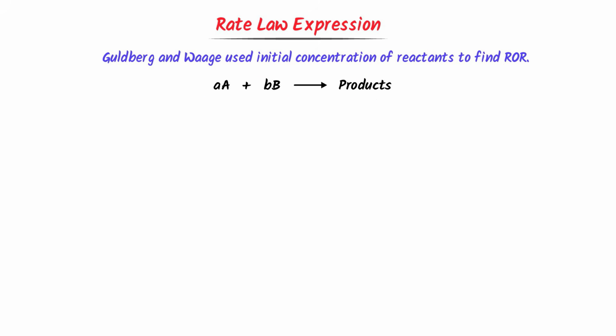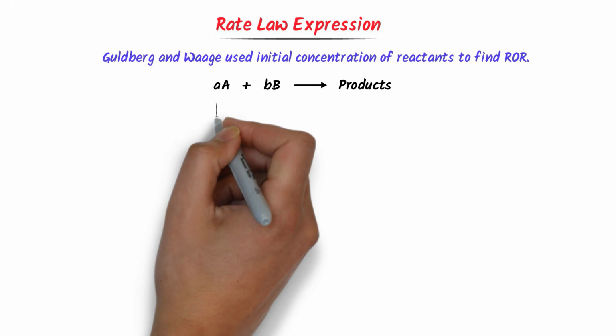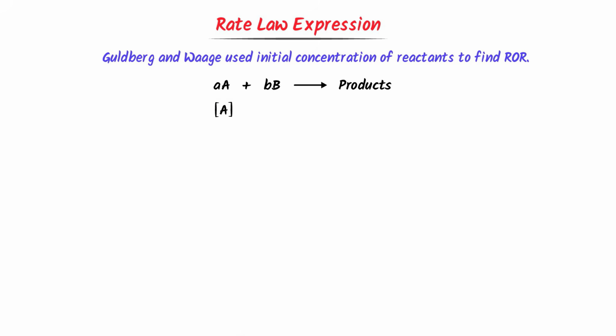We know that the concentration of first reactant is square bracket A and the concentration of second reactant is square bracket B. This small a is the stoichiometric coefficient of A and this small b is the stoichiometric coefficient of B. Now listen carefully.